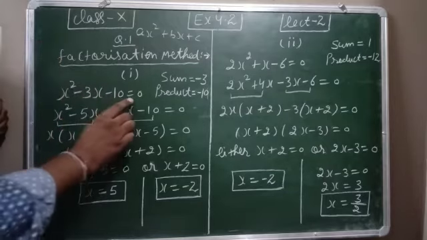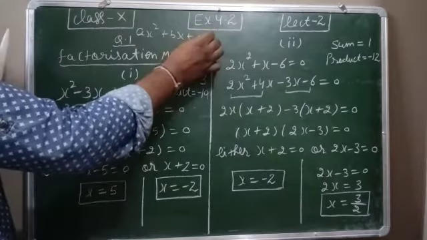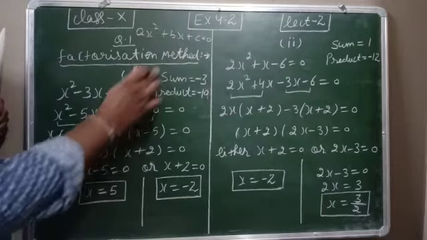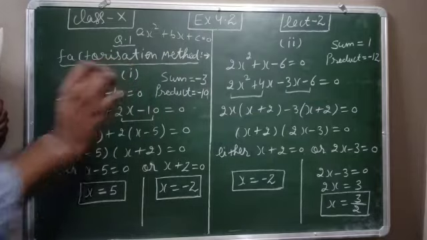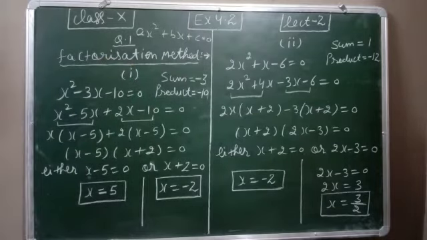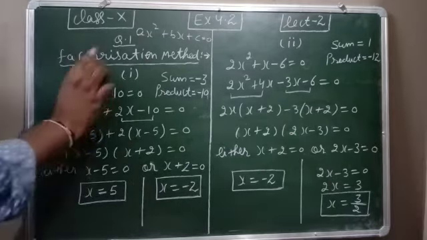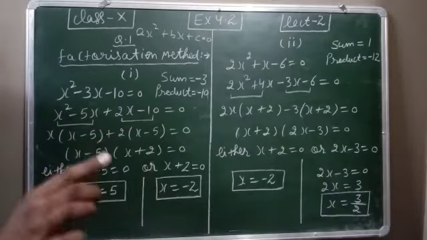But when it is an equation, meaning it is equal to 0, the name of the method changes. It is factorization, but the method is the same, only the name is changed.